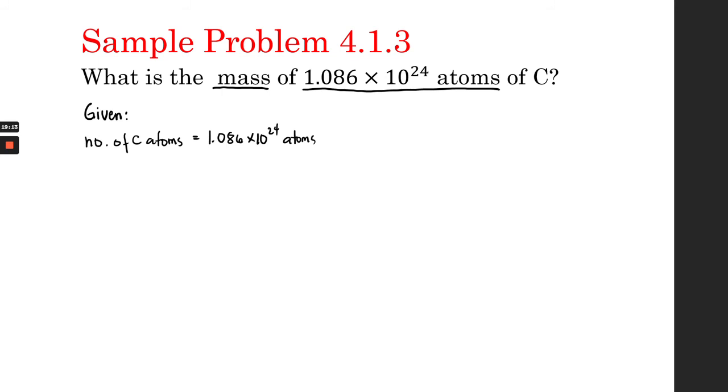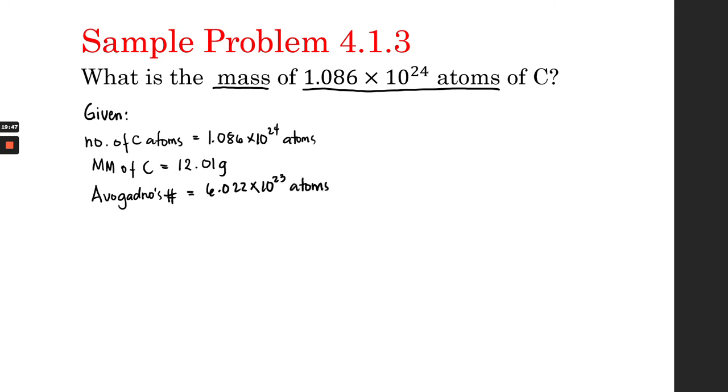And I know that the molar mass of carbon is about equal to 12.01 grams. Correct? That's a given. And I know Avogadro's number, and that's equal to 6.022 times 10 raised to 23 atoms.